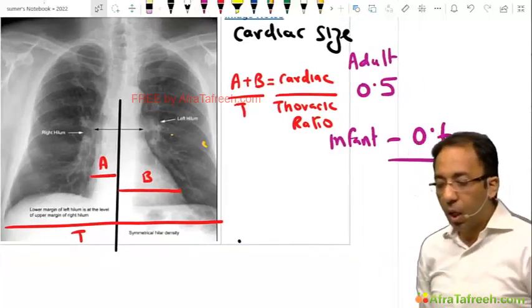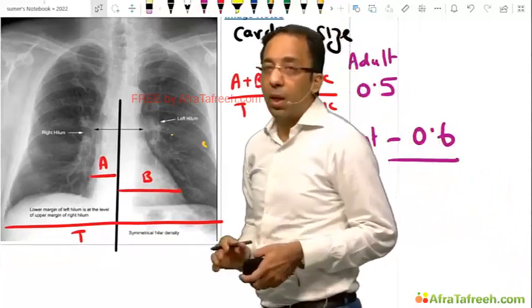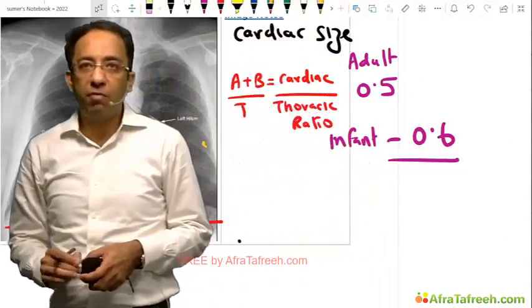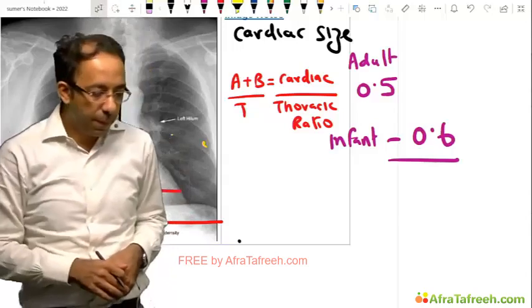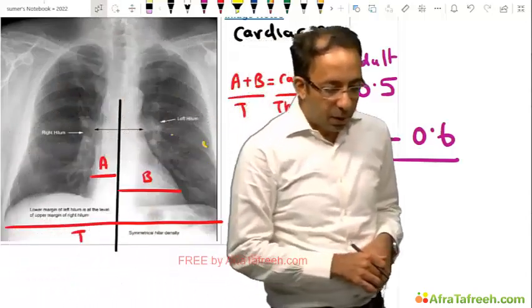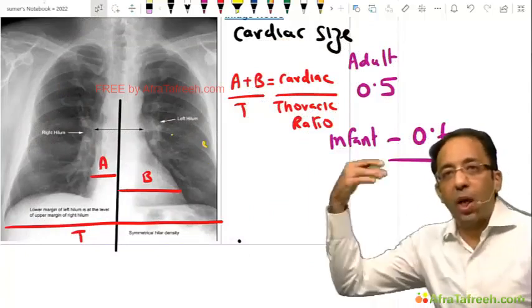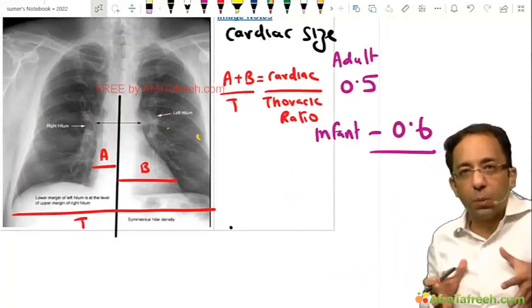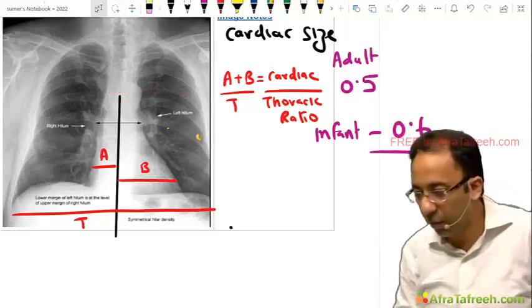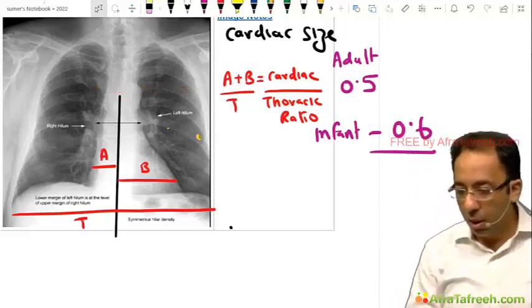Clear? Cardiothoracic ratio normal in an adult is 0.5. In an infant, it is 0.6. That means to call it cardiomegaly in an infant, we need a much bigger ratio. Everybody follows this? Okay.